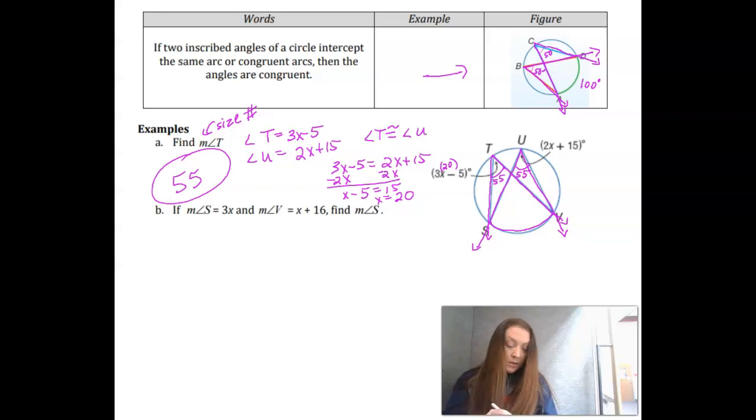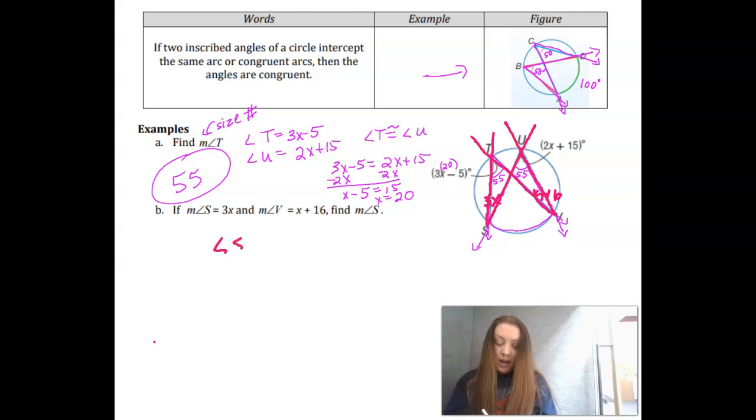The other thing we know, if angle S is 3x and angle V is x plus 16. Well, same thing. If I have angle S, that intercepts arc TU, and angle V also intercepts arc TU.